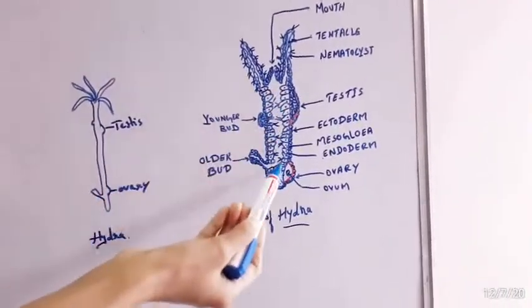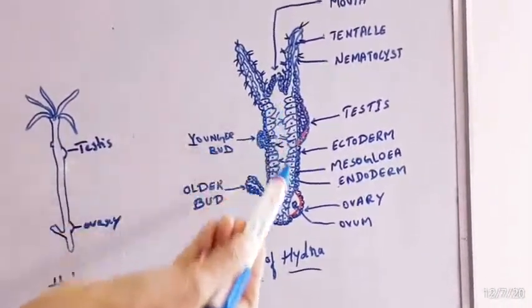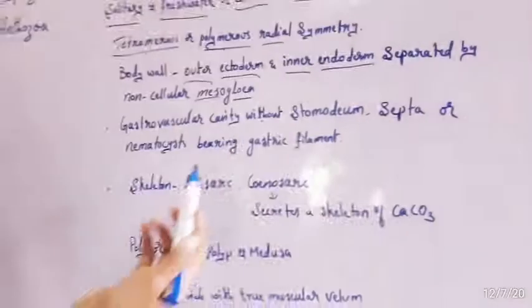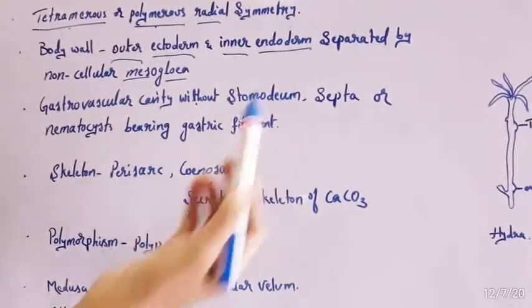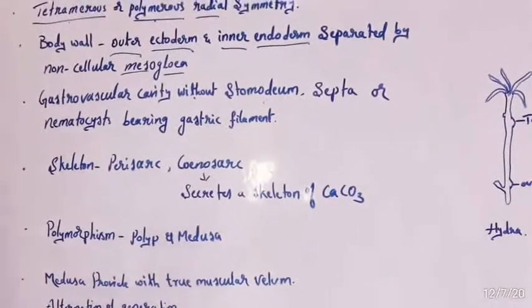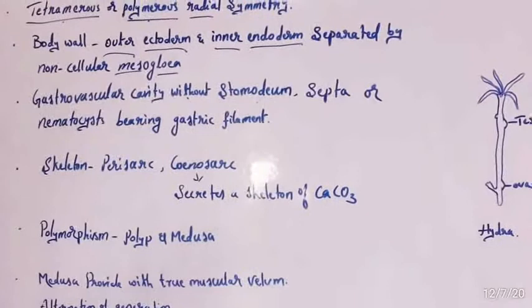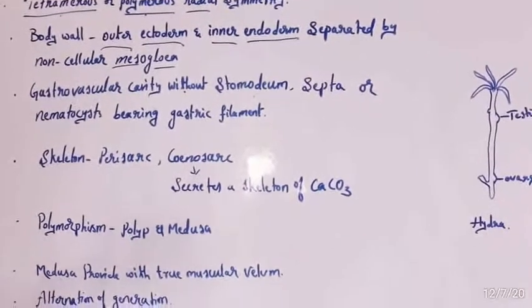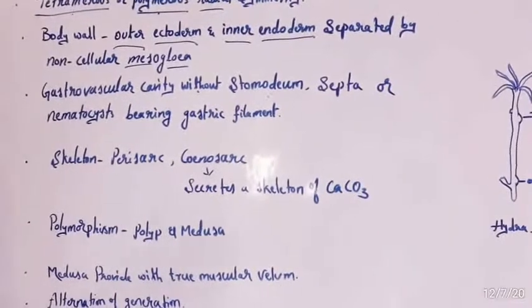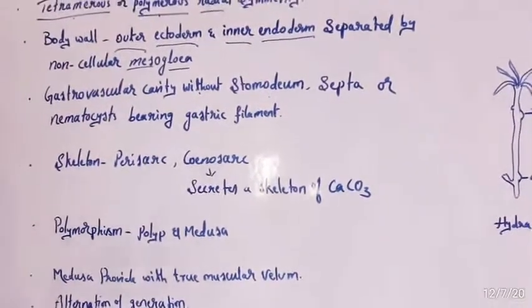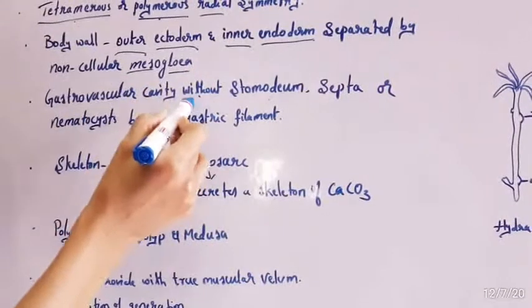Gastrovascular cavity means this cavity here, which we also call the enteron. Stomodeum means a tubular gullet extending from the mouth some distance into the coelenteron. Here that is absent.